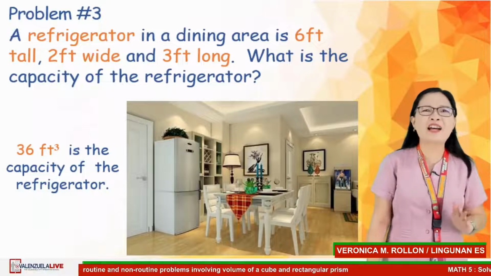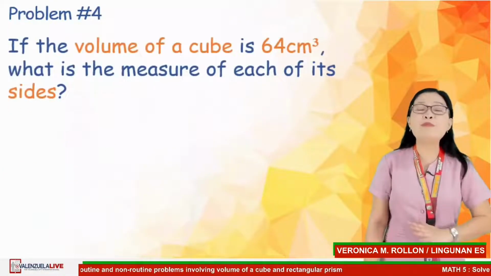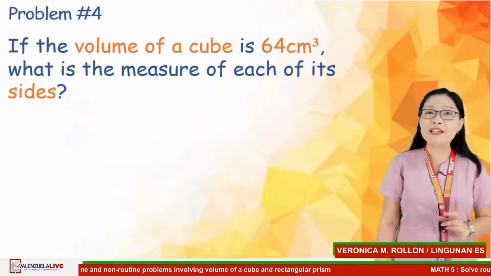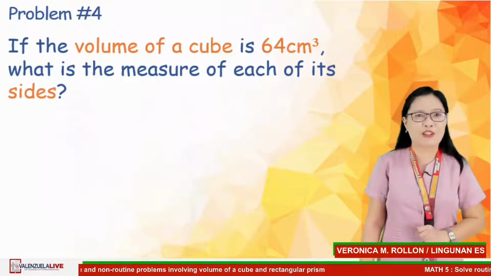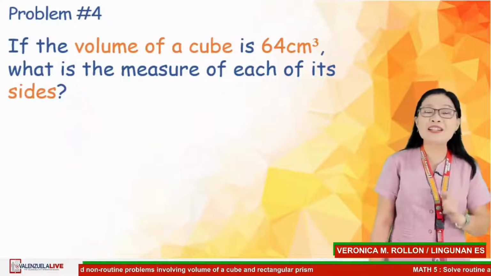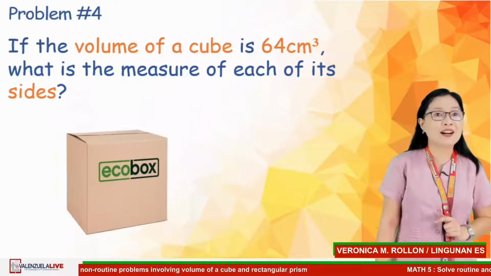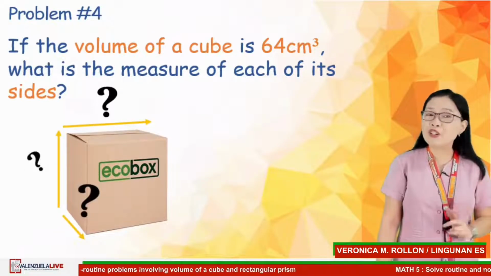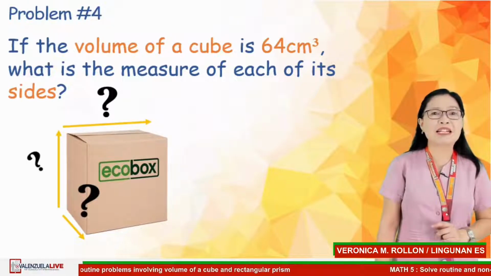Let's have another example. Problem number 4. If the volume of a cube is 64 cubic centimeters, what is the measure of each of its sides? So, this is the box. The measurements of the sides are missing.